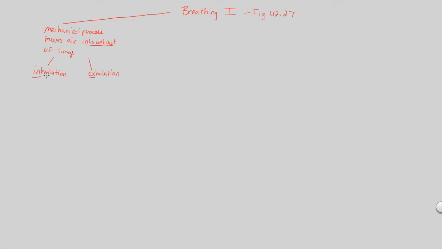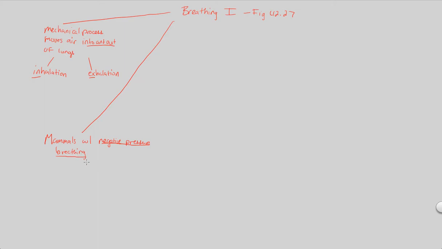In order to do the inhalation side of things, in order to really do breathing successfully, what mammals utilize is a negative pressure breathing system. So we'll write that down. Mammals, functionally speaking, are going to be with what is known as a negative pressure breathing system. So we'll just write negative pressure breathing. That's how we, as mammals, breathe successfully.